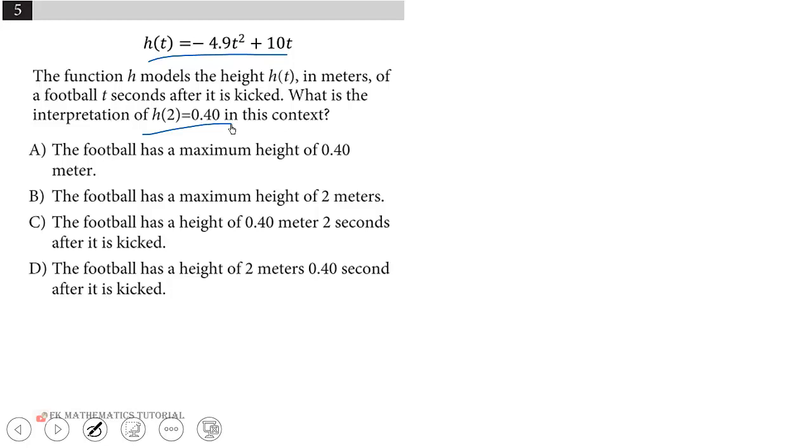So since the function models the height, it means 0.4 is the height. Then t is the seconds. So because t is replaced by 2, it means after 2 seconds, the height of the football is 0.4 meters. So the football has a height of 0.4 meters 2 seconds after it is kicked.